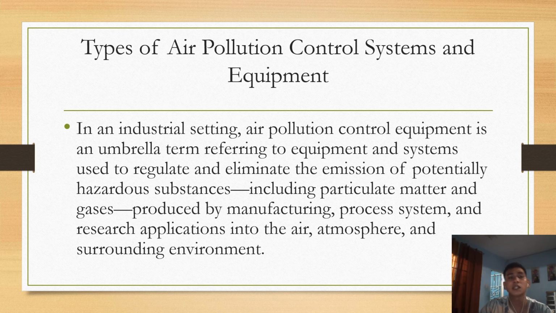In an industrial setting, air pollution control equipment is an umbrella term referring to equipment and systems used to regulate and eliminate the emission of potentially hazardous substances, including particulate matter and gases, produced by manufacturing processes, systems, and research applications into the air, atmosphere, and surrounding environment.